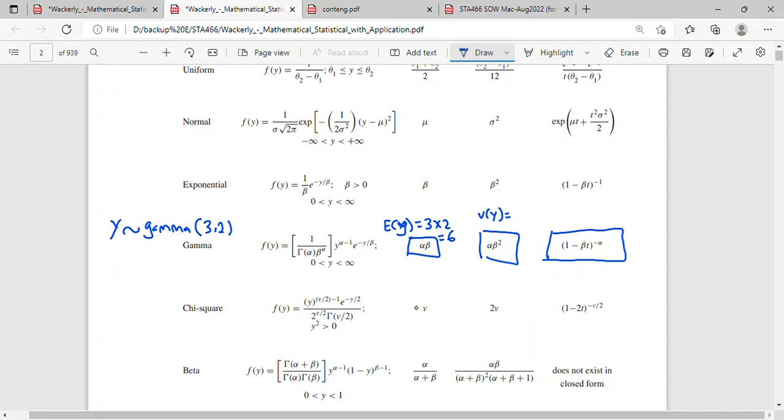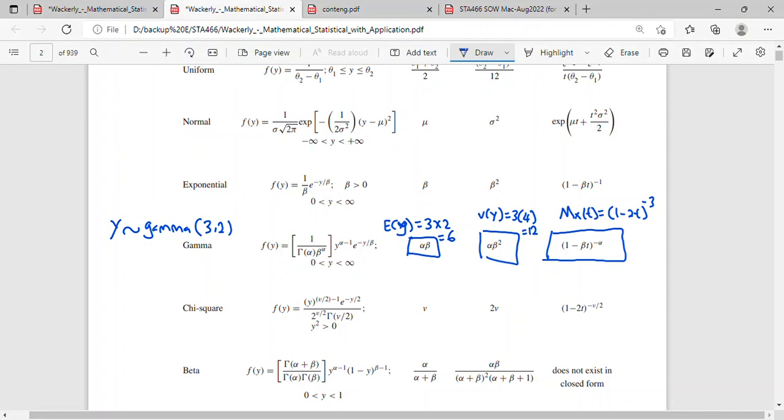So the variance here will be 3 multiplied 4, it will be 12. Right? So sama juga. Kalau you dah hafal formula untuk MGF, so straight away you can write down the MGF for this distribution. So it will be 1 minus 2t power of negative 3. So from here you can write down all the mean, variance dan juga MGF for gamma distribution.